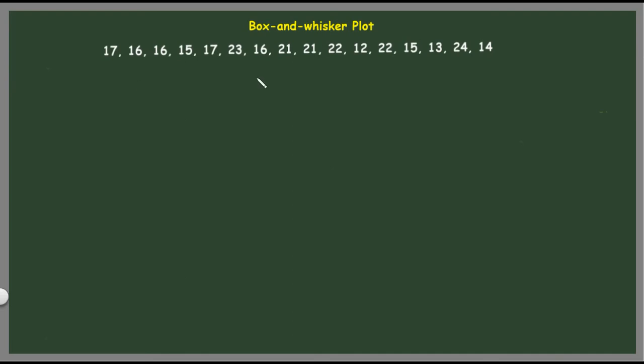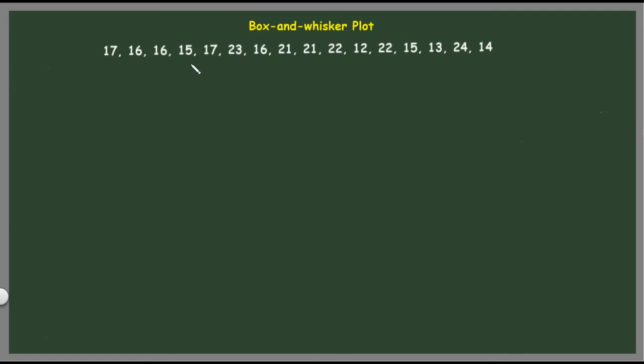This diagram is made up of a box and two whiskers. The box is concentrated 50% of the data, and the whiskers are there to complete the entire range of data.